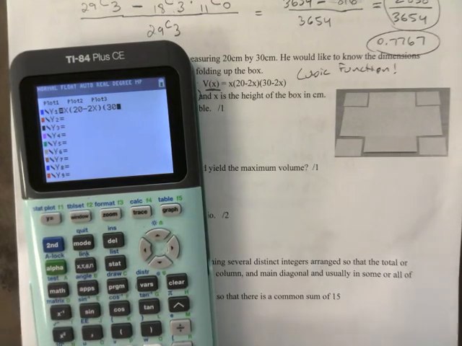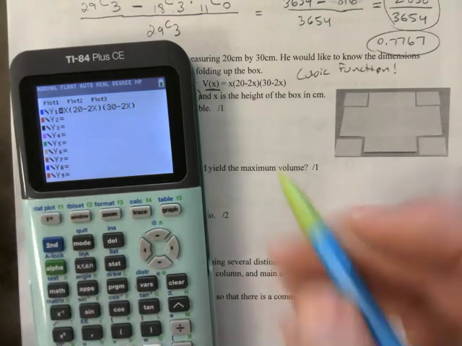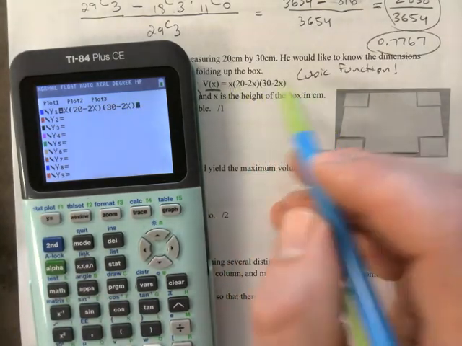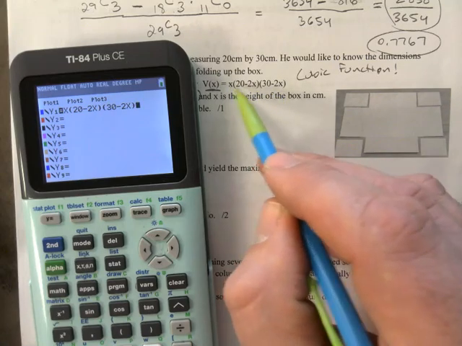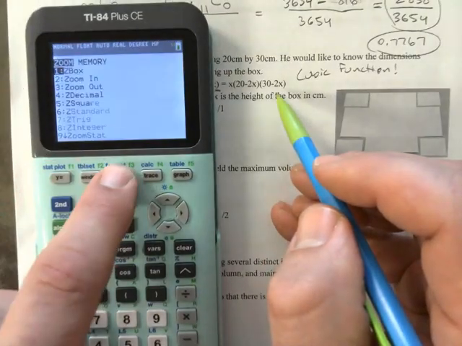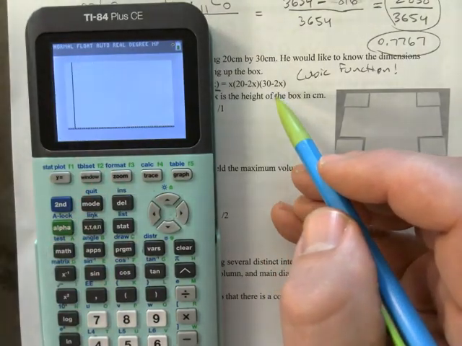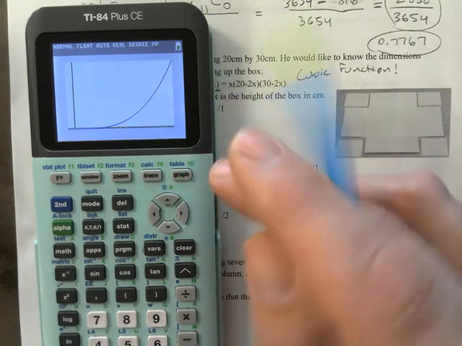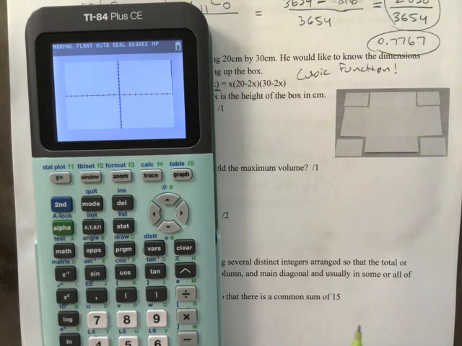And this will be 30 minus 2x. So if you think about it, if you were to multiply this all out, you would get an x cubed out of that, right? I'm going to go zoom fit, and it's not the greatest. I'm going to go zoom standard first. There it is.